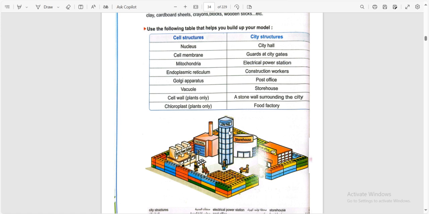The post office is like the Golgi apparatus, because it transfers things out of the city, out of the cell. And the storehouse is like the vacuoles.